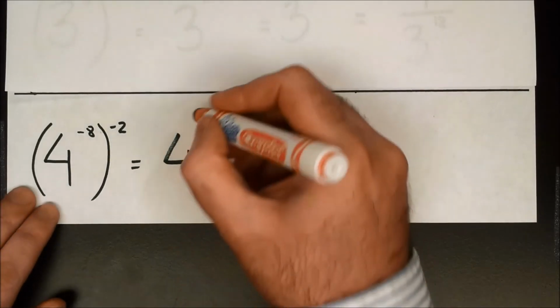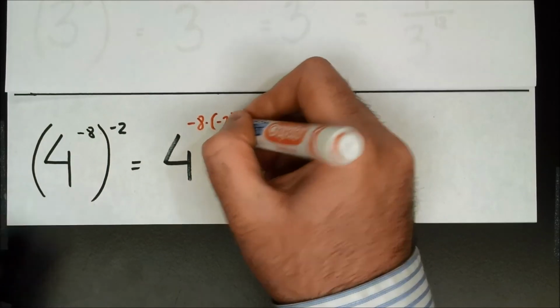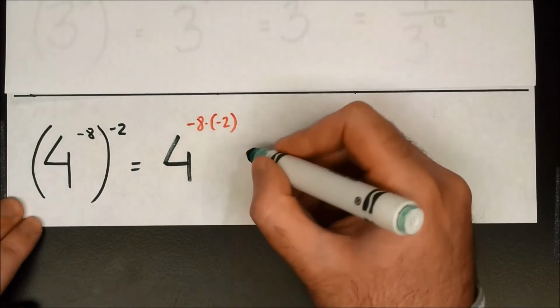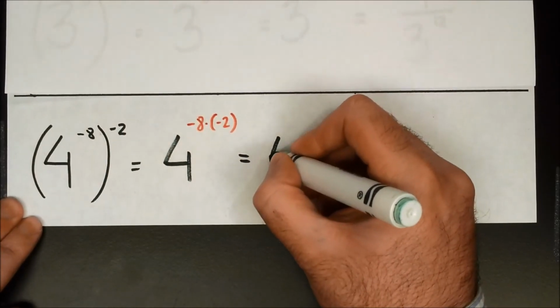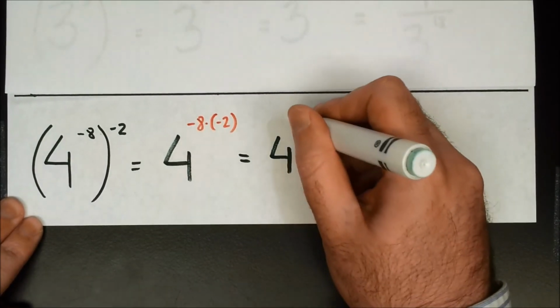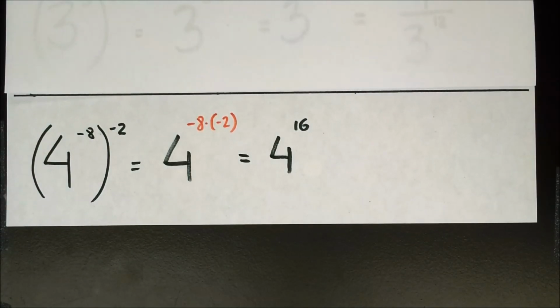We multiply them. -8 times a -2. And what does that yield for us? What's -8 times -2? A positive 16. And that's it, because negative times negative is positive.